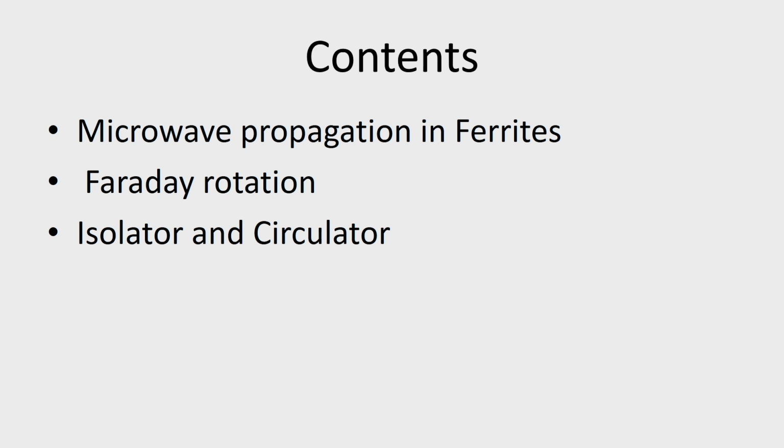Isolator will allow transmission of signal in one direction only, and this type of devices, and the circulator, actually it can be a clockwise circulator or a counterclockwise circulator, as we have already mentioned, and it can transmit signal from one port to the next port, other port remaining isolated.